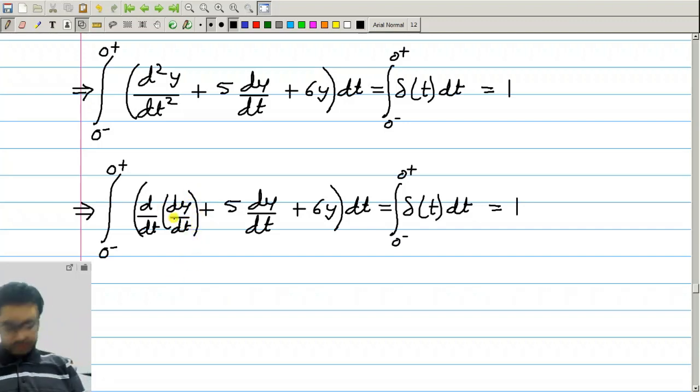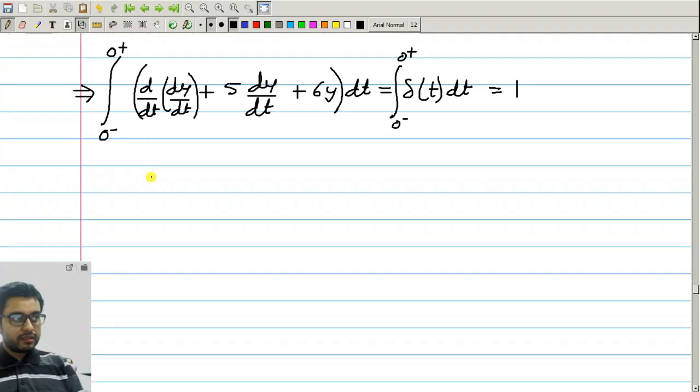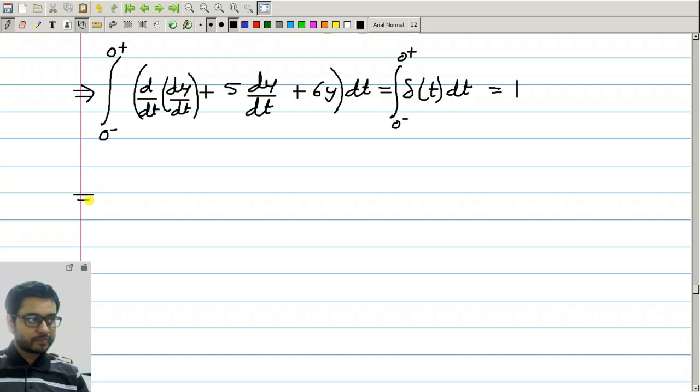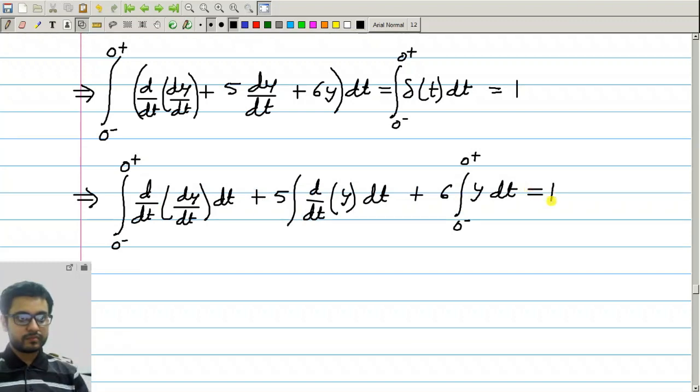Now let us split these three terms and integrate them one by one. So LHS has three integrations.